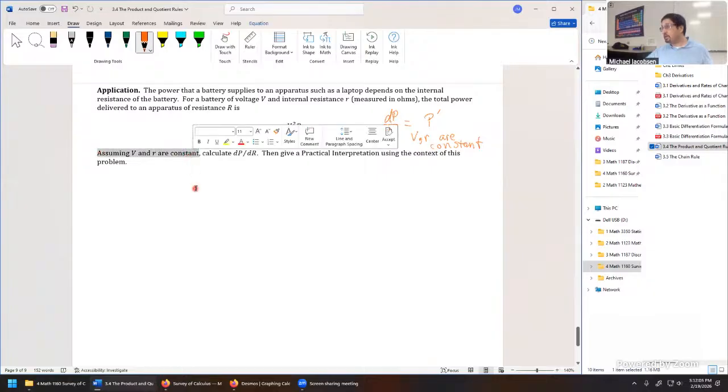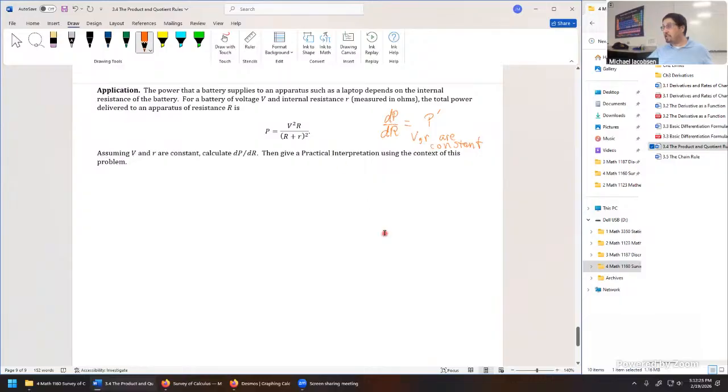And they reiterate right here, assuming that the voltage is constant, the internal resistance of your laptop battery is constant. That'd be bad if they weren't. There's something unstable going on. We're going to calculate the derivative, the rate of change of power, and then give the practical interpretation using the context.